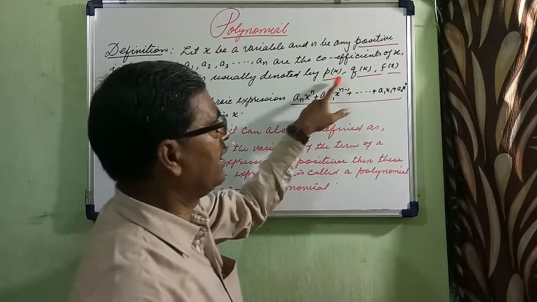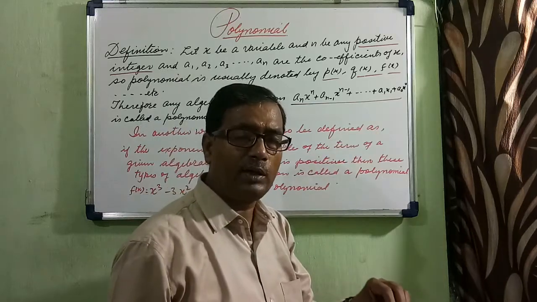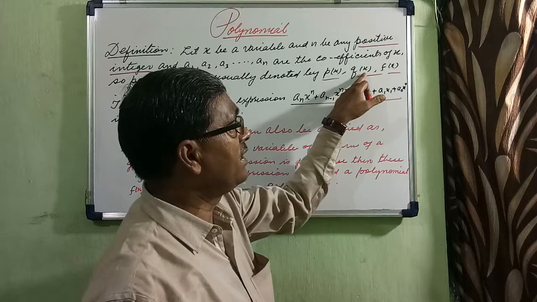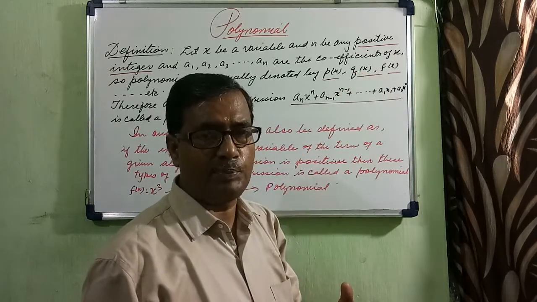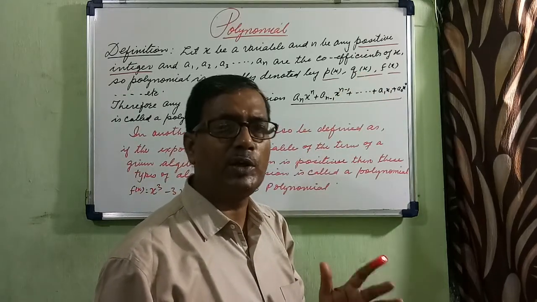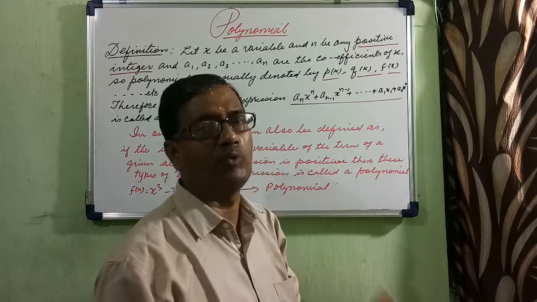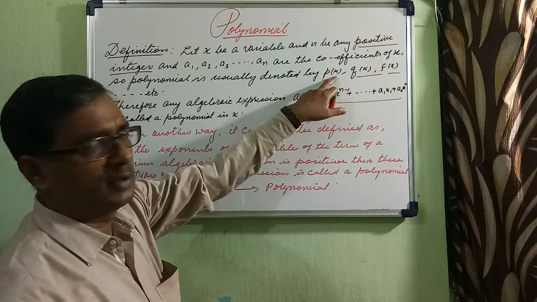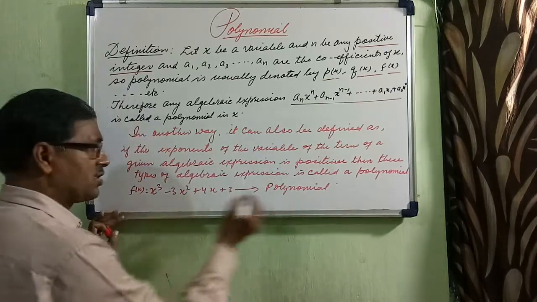Whatever is written in the bracket means that the variable x is used. That means the algebraic expression is being used with the x variable, or maybe the y variable or z variable, whatever is given in the bracket. So this is called a polynomial.